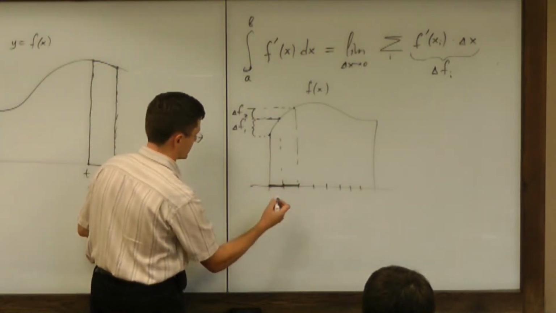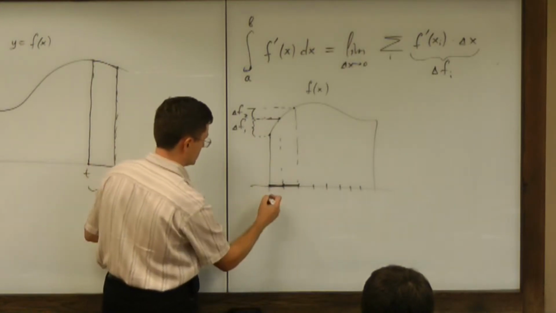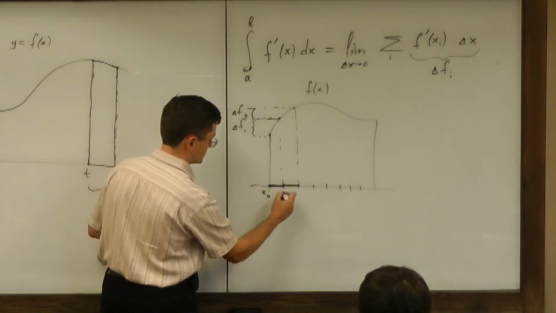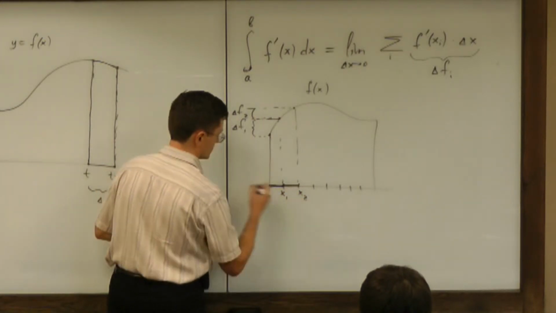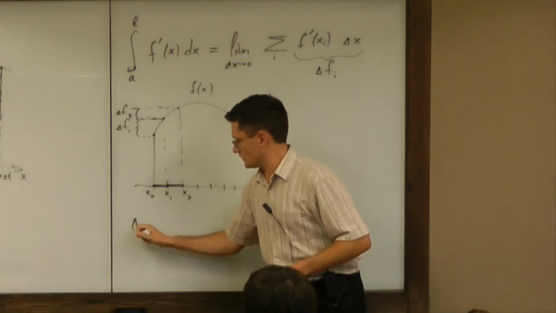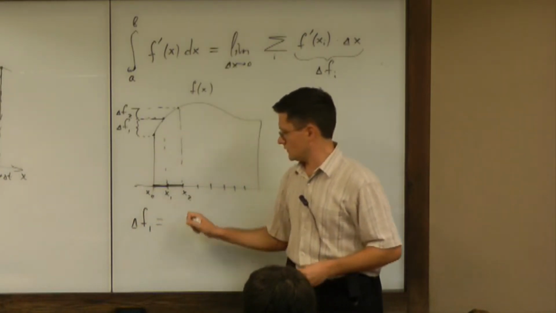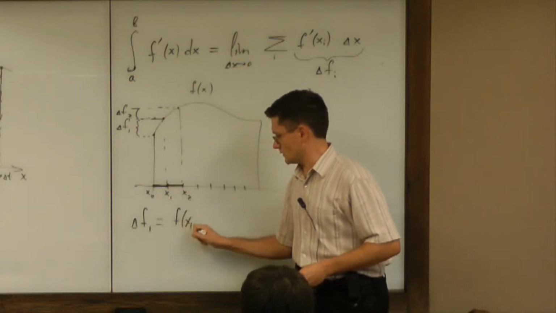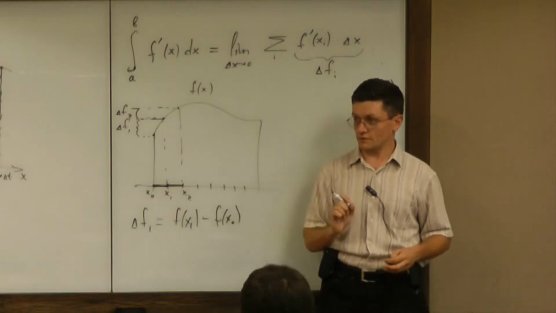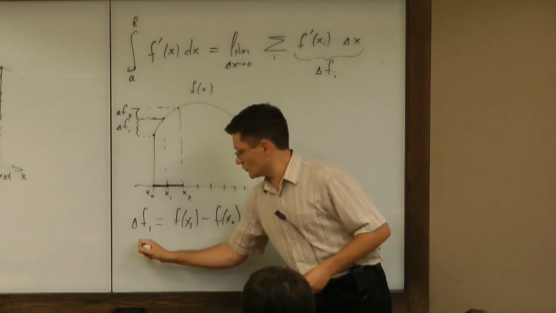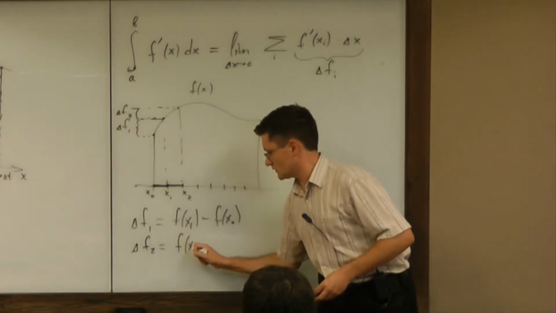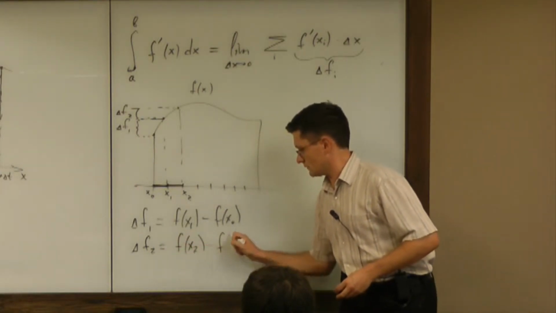Well, let's check it algebraically. If you have a hard time visualizing that, let's call this point x0, that point x1, that point x2. What is the total change delta f1? It is f of x1 minus f of x0. That's exactly what it is, right? What is delta f2? It is f of x2 minus f of x1.